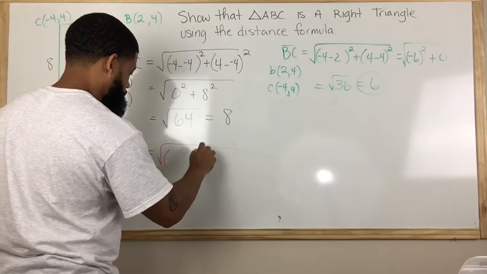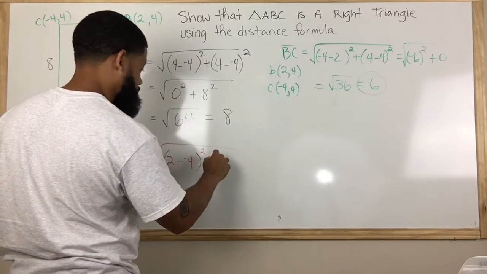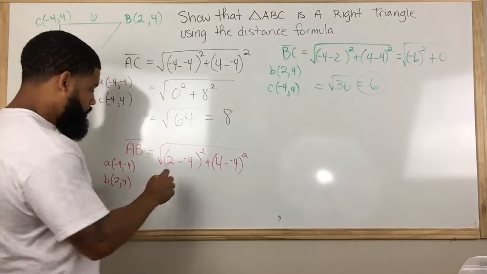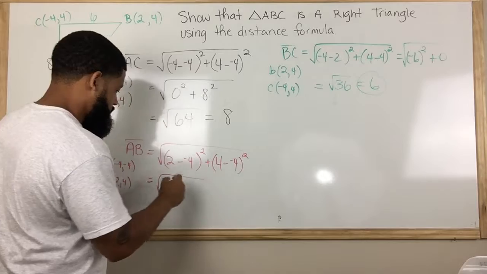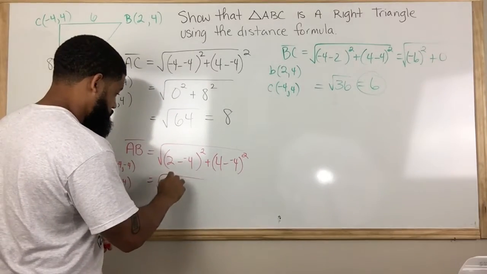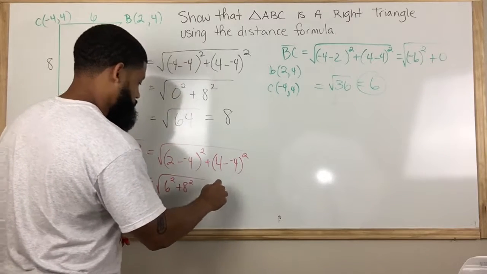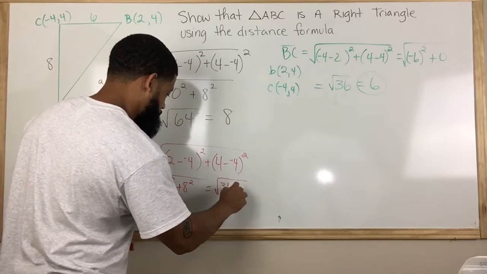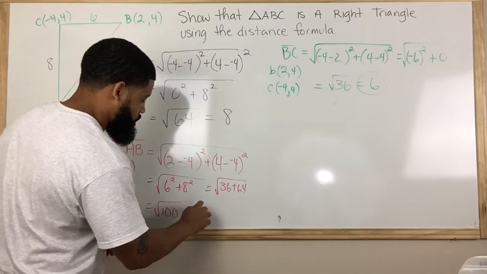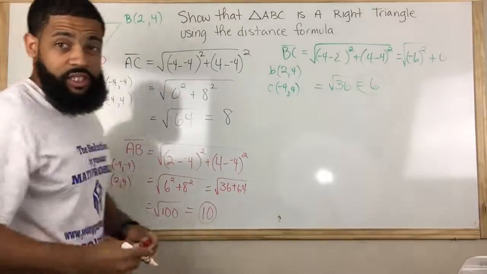So we have the square root of 2 minus -4 squared plus 4 minus -4 squared. All right, and here, let's simplify this. Remember, if we subtract the negative, we're adding. So we have 6 squared and then plus 8 squared, which is equal to 36 plus 64. And that is the square root of 100, which is 10. So now side AB is 10.